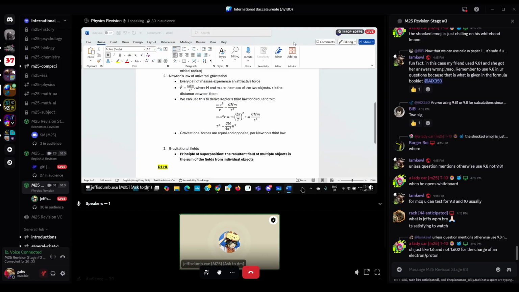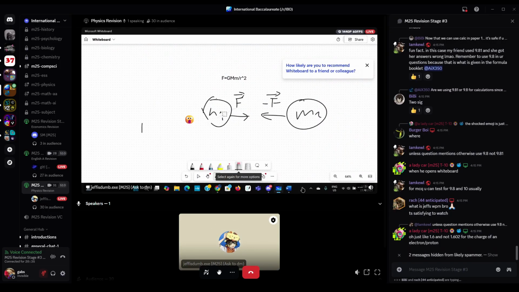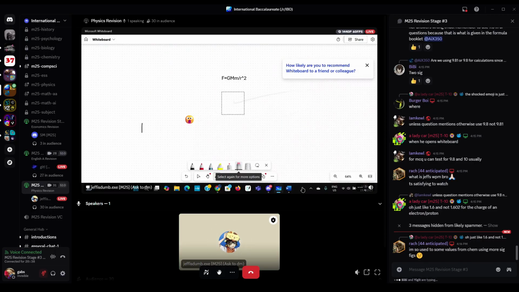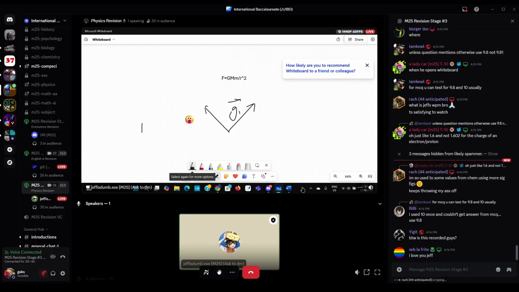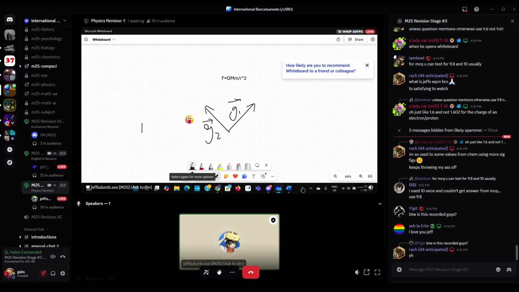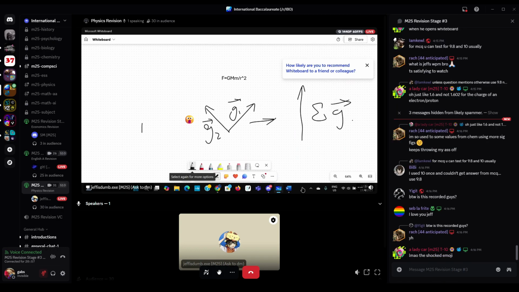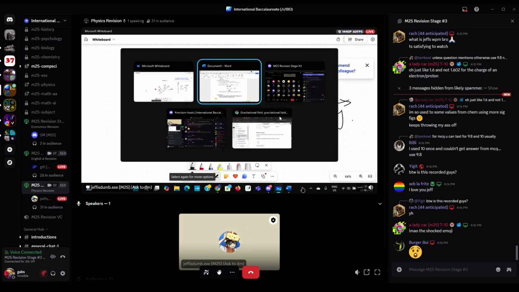What I mean by this is, let's say at some point you have one object that has a gravitational field pointing this way, and another object whose gravitational field is pointing this way. Then the resulting gravitational field will point this way. It's just like vector addition.